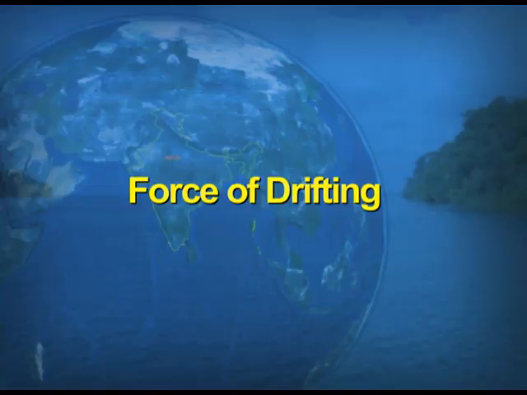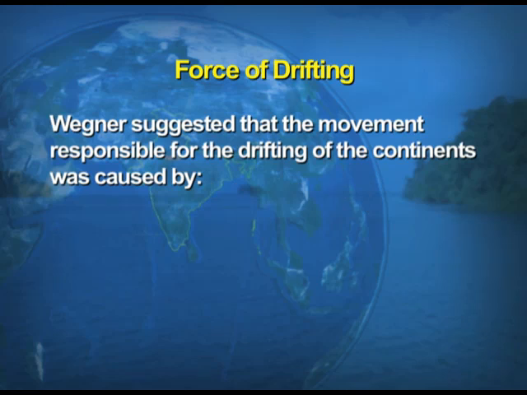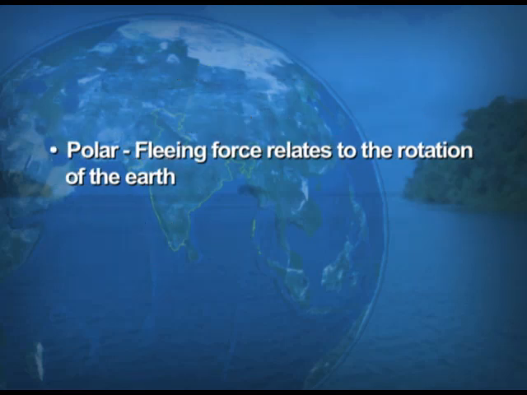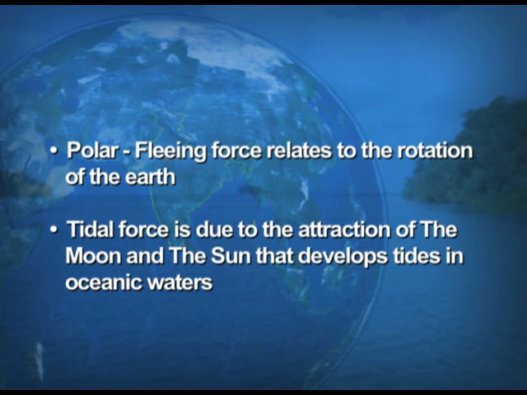With respect to the force of the drift, what was responsible for drifting of these continents, Alfred Wegener put forth that there were two main forces responsible for drifting. One was the pole fleeing force and the other was the tidal force. Pole fleeing force relates to the rotation of the earth, while the tidal force is due to the gravitational attraction of the moon and the sun, which develops tides in the oceanic waters.